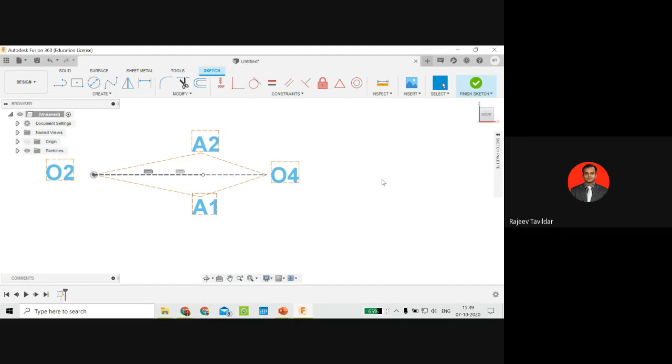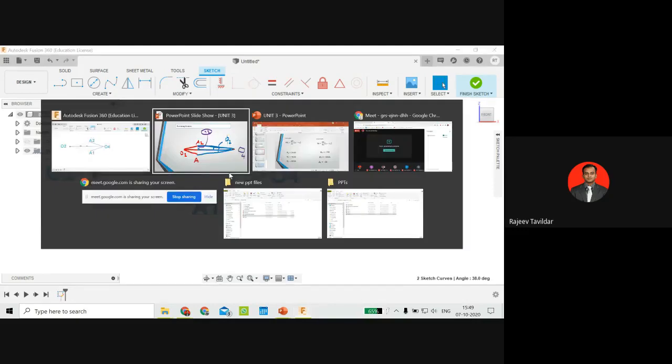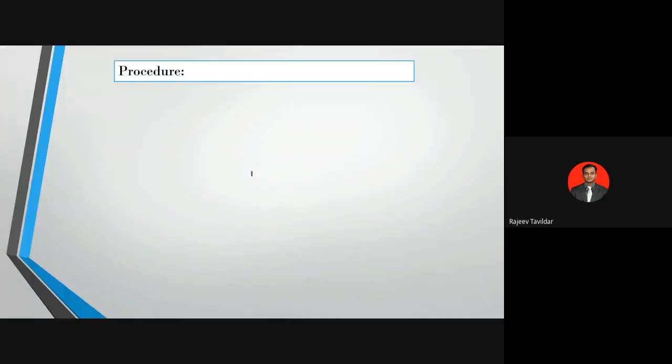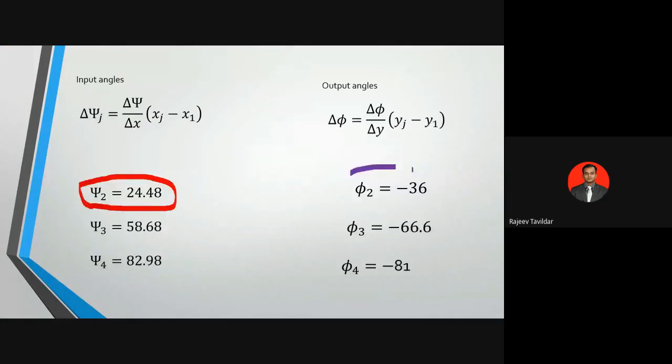We have also got O4 here. You can cross check the angle here. It will be approximately 38 degrees, and what we have got here is, I think, 36. So I've rounded off one angle, I guess, and it doesn't matter.